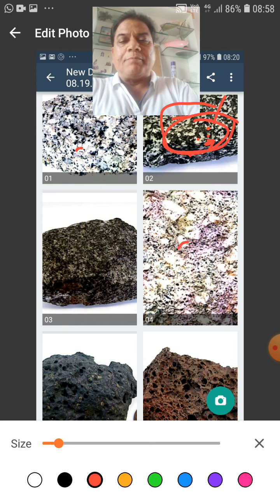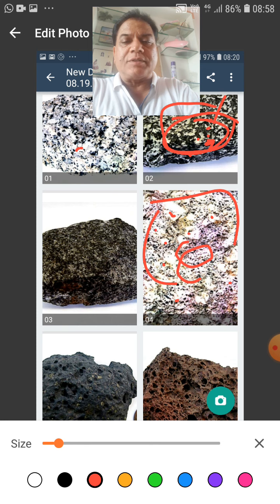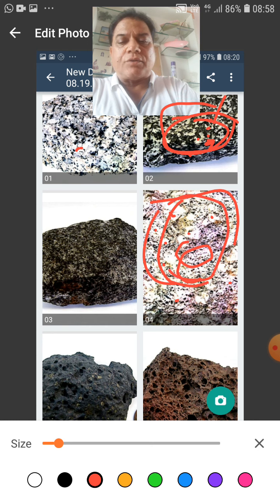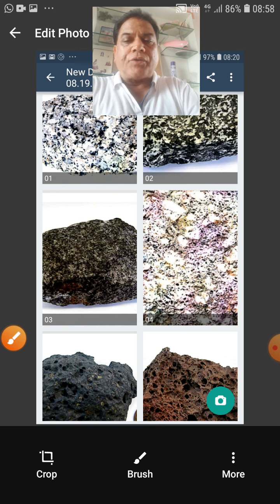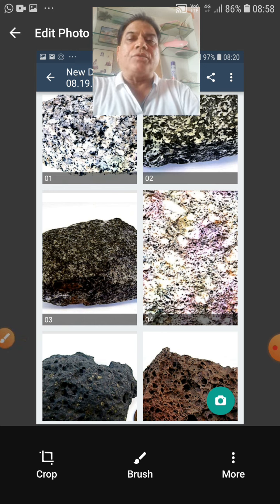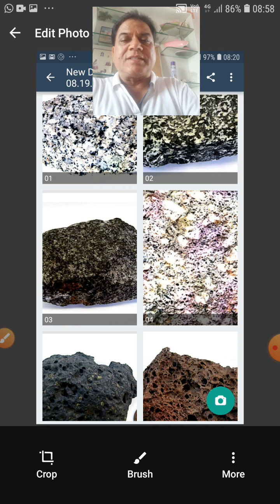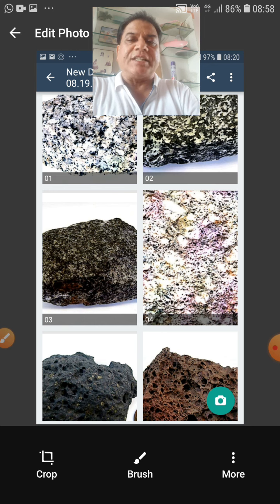Now the third sample, this one. You can see very well these large ones, they are the phenocrysts. The white colored, this large quartz, this is phenocryst. They are embedded in this groundmass, and the overall resemblance of this texture is porphyritic. This is called porphyritic texture, and this texture is common to the hypabyssal rocks. Means such rocks had at least two stages of crystallization.